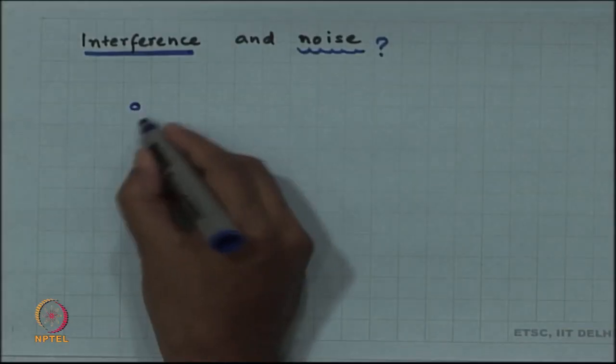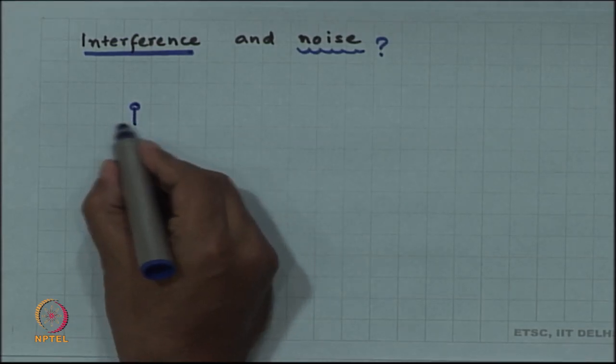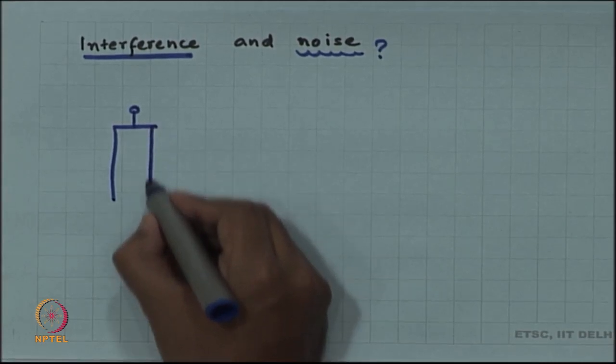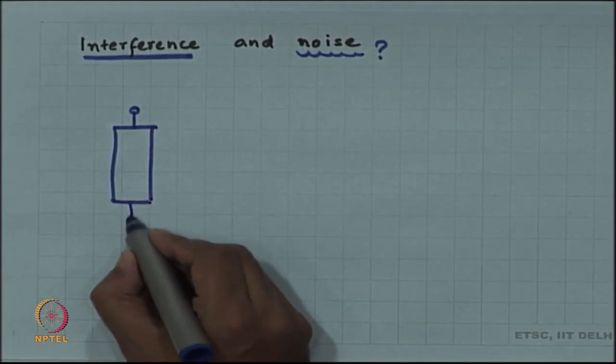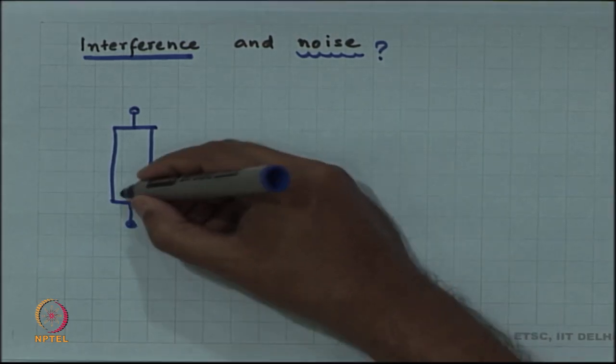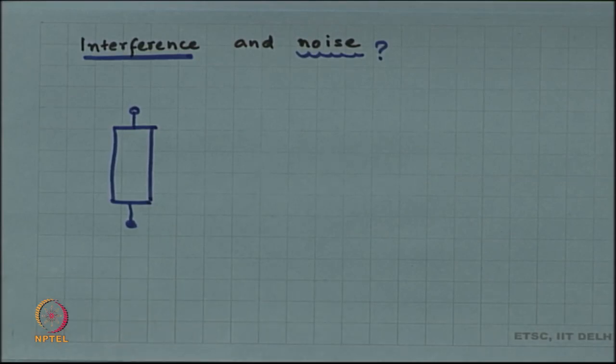So, if you think of a resistor, it is made up of some weakly conducting material. Okay. This conducting material has lots of electrons.